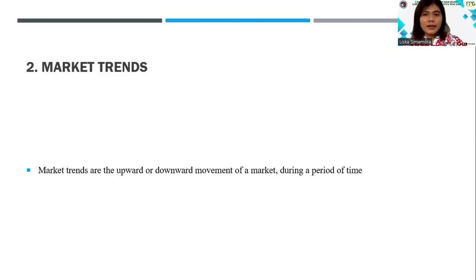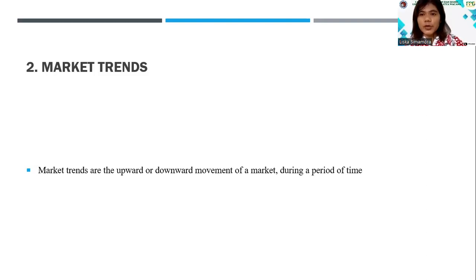But it can stay for a very long time. It can stay for a very short time too. It depends on your ability to read the customer behavior, what they want, or on your ability to maintain the number of your customers. Okay, so that is market trends.